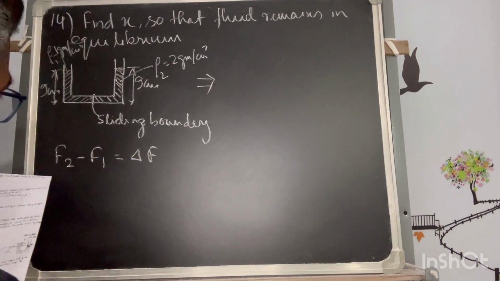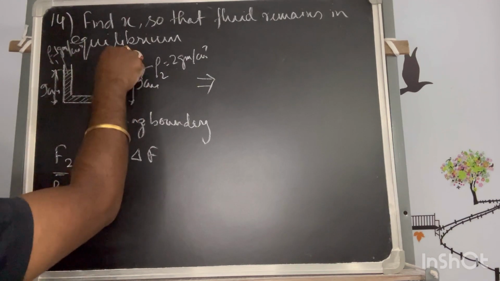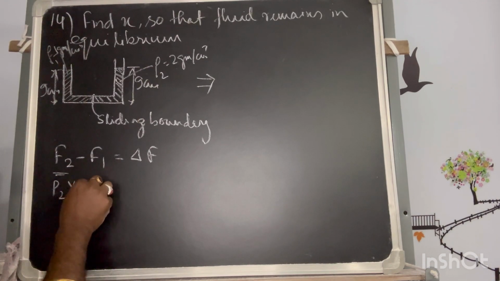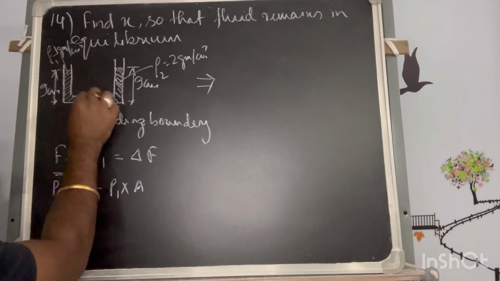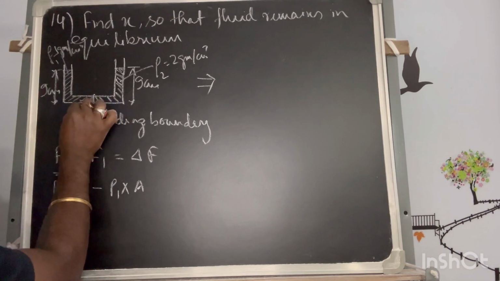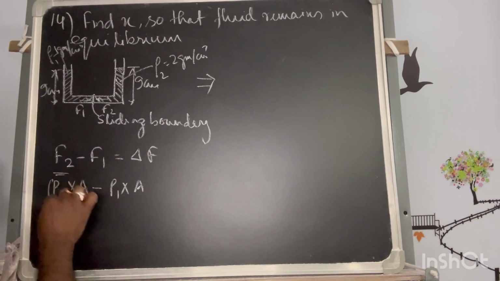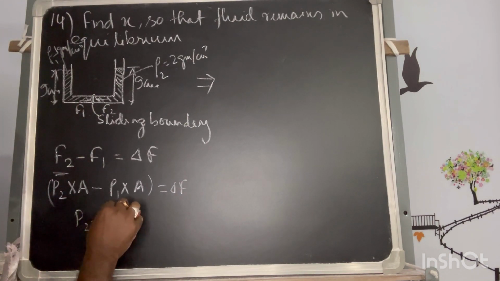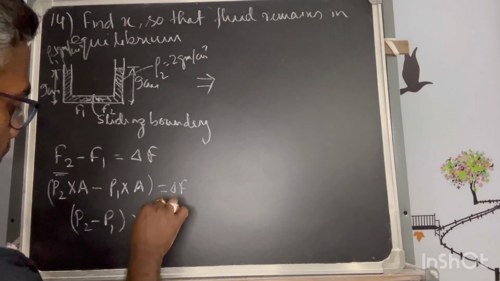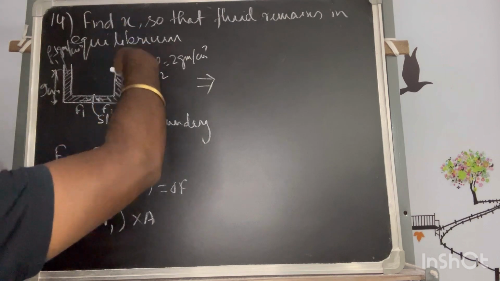Let's say this is F1, this is F2, so the resultant force is delta F. There definitely will be a resultant force, because P2 is more than P1, and combined with the cross section it will give a force. So once I release the mechanism, the liquid will move to this side.